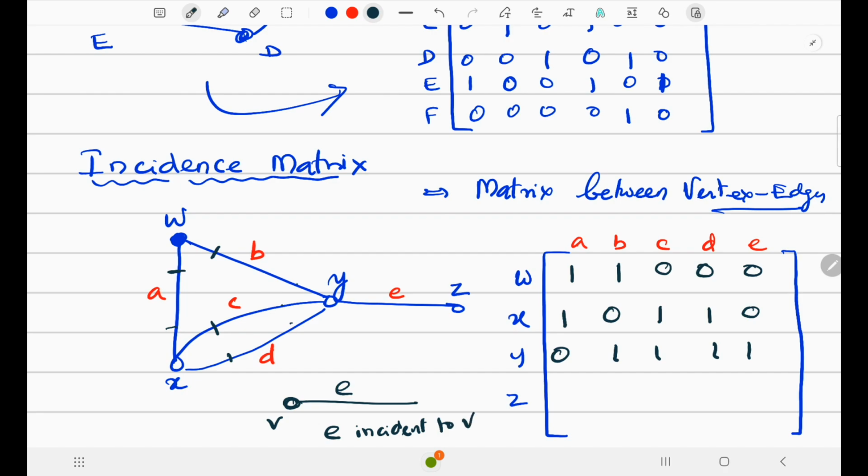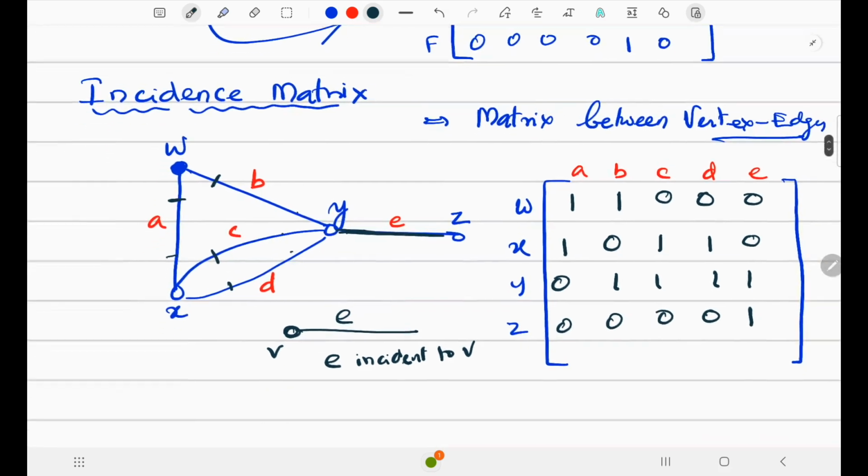Any edge connected with the vertex is called incident. So if you see Z, only E is connected with Z, so that is E is incident with Z. 0 0 0 0, and this is the E.